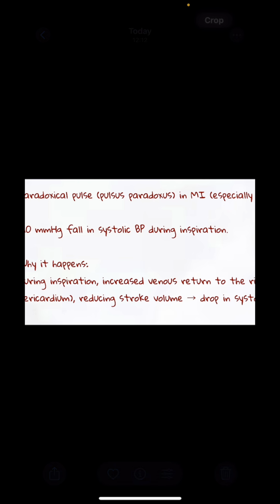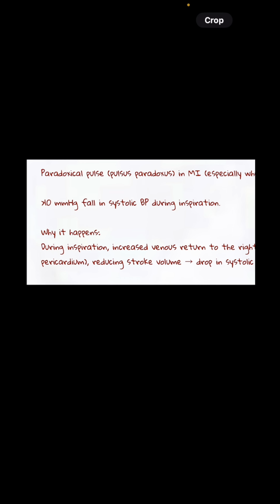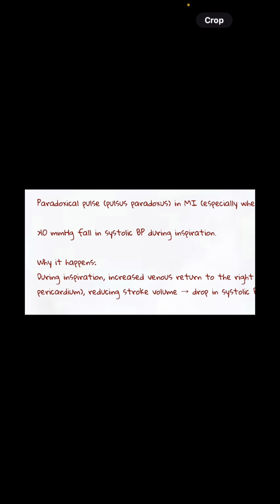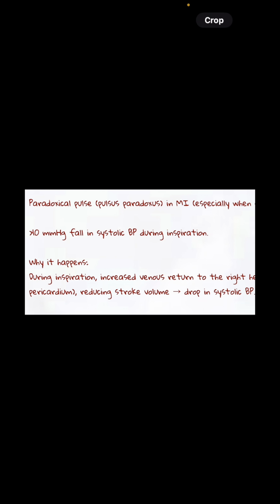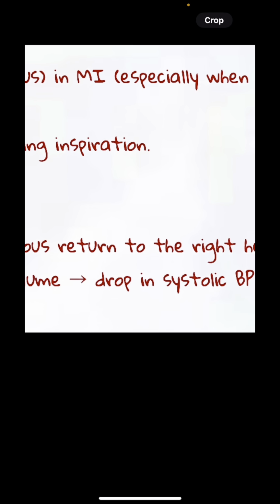During inspiration there is increased venous return to the right heart, which compresses the left ventricle due to fluid in the pericardium. When there is fluid in the pericardium, the heart cannot fill properly, so it reduces the stroke volume and leads to a drop in the systolic BP.